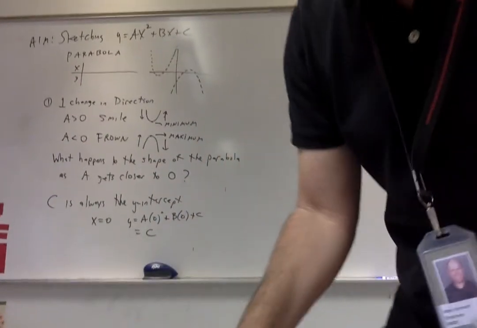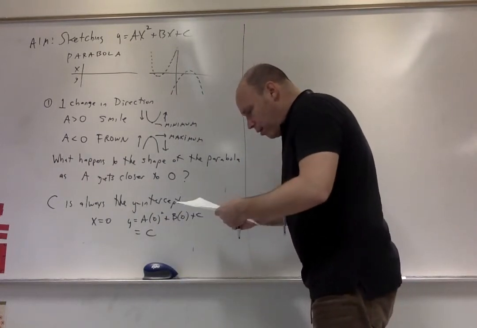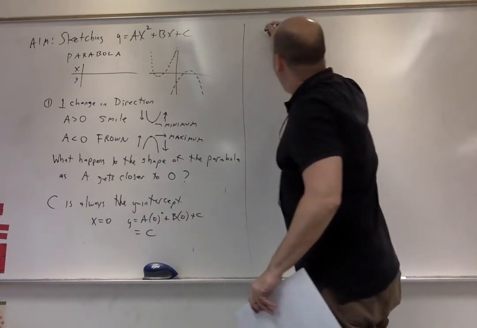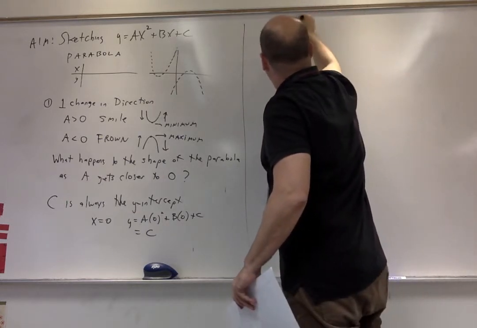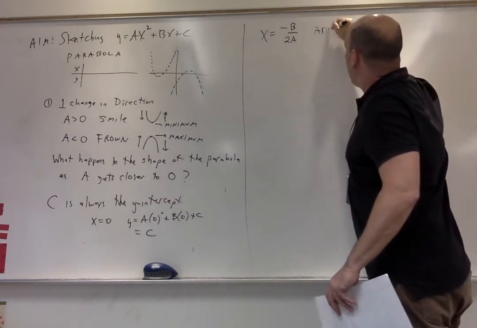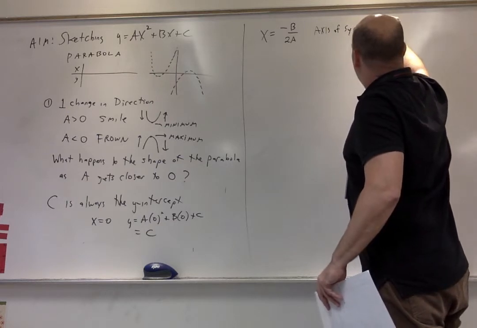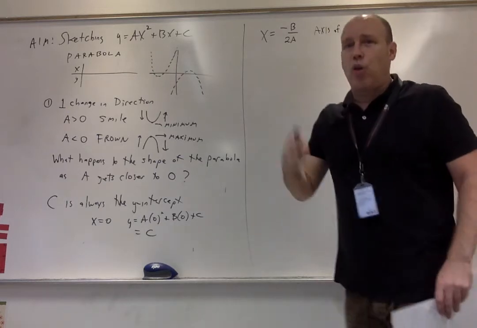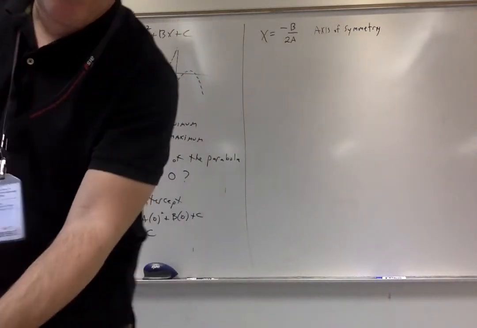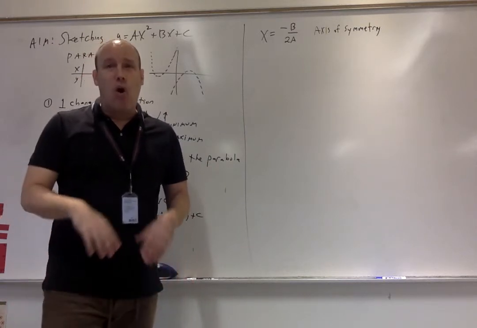Now, in the Desmos exercise, I also asked you to graph x equals negative b over 2a. And this is known as the axis of symmetry. And every single parabola has this. The idea is like when you're a kid in elementary school and you make Valentine's Day cards and you cut out the heart.